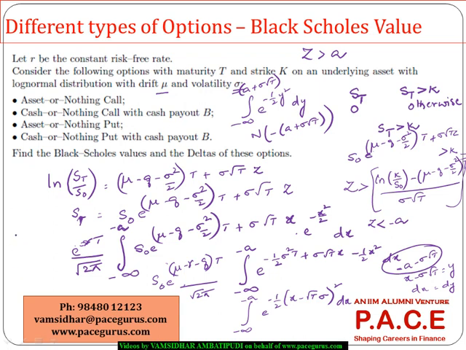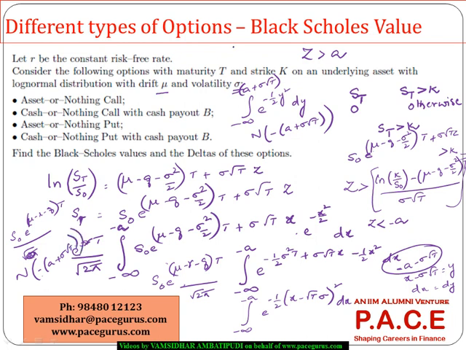This is coming out to me as S naught e power (mu minus r minus q) times t by square root of 2 pi. Now, I don't need square root of 2 pi because this entire thing comes to N. So it comes out as N of minus of (A plus sigma root t).